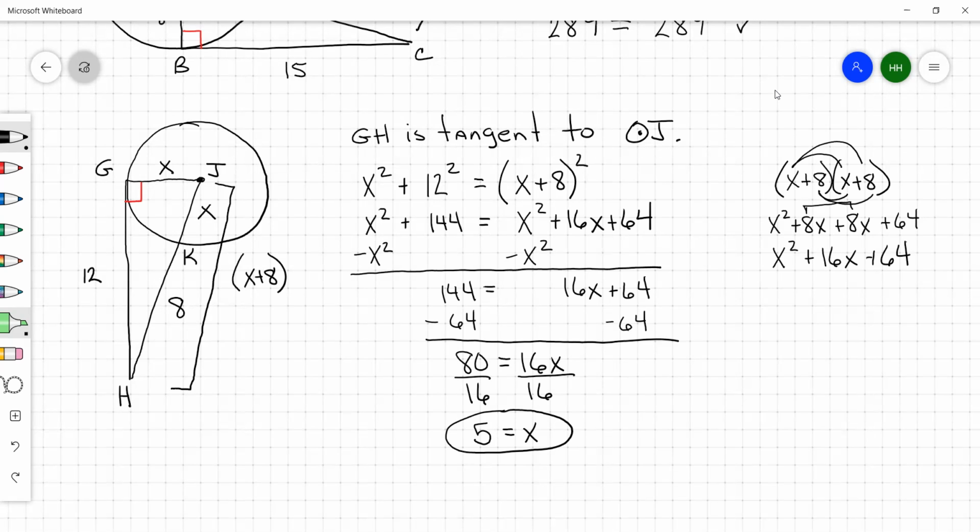All right, so it looks like we got one more theorem here related to these tangents.